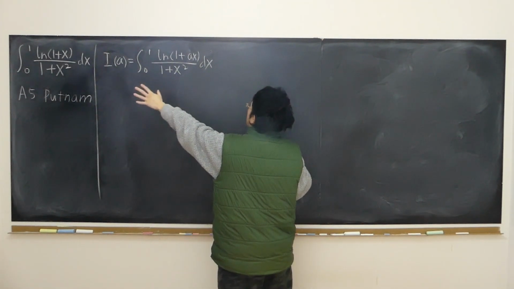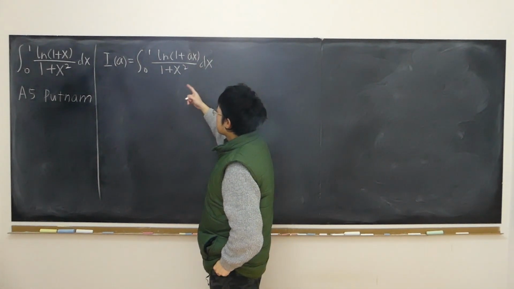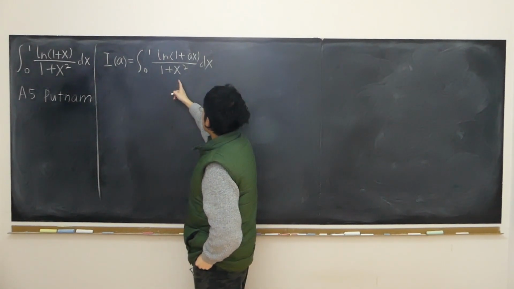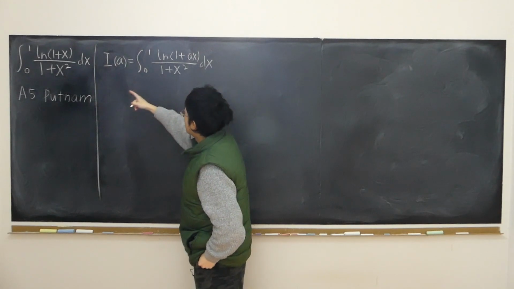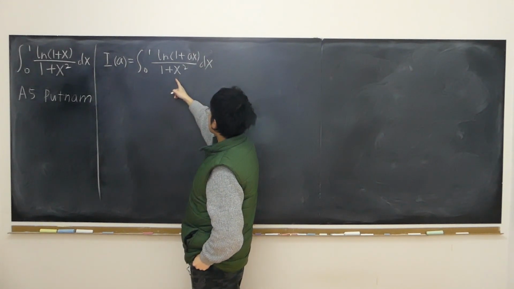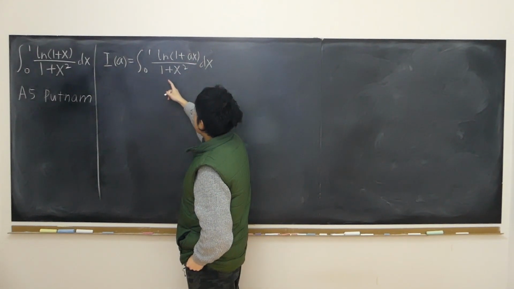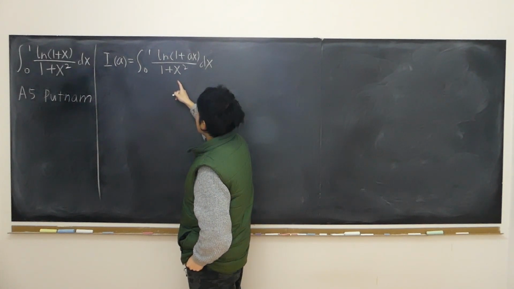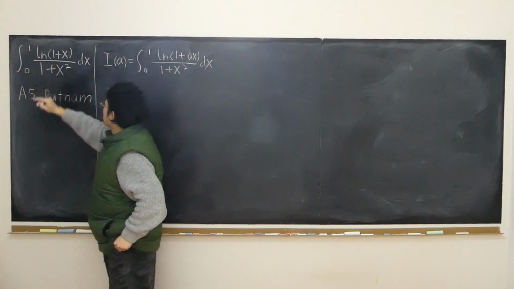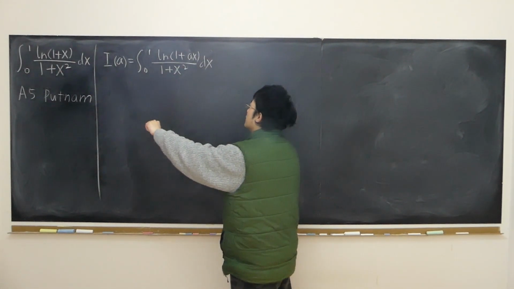So if you are wondering why we don't put a in other places, like can we let x squared become a times x squared instead of a appearing here? That's not a very good choice. Can we let 1 be a plus x? Still not a very good choice.